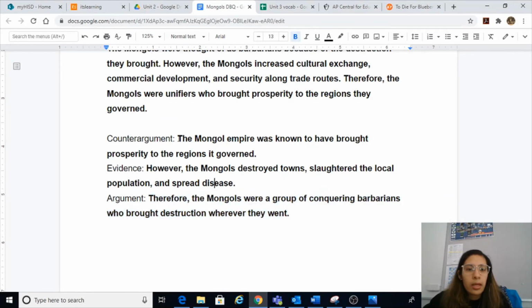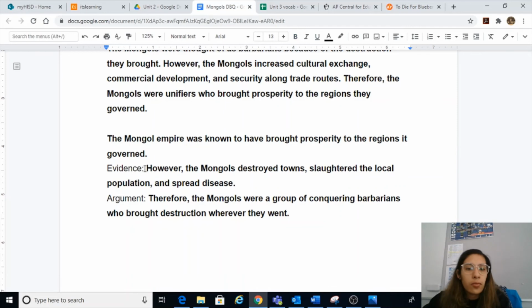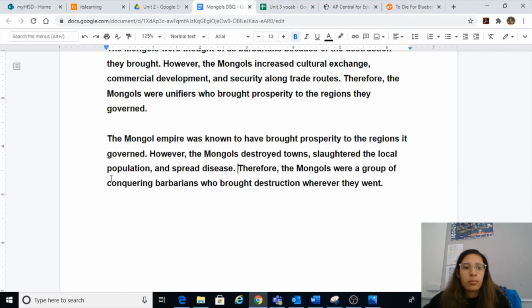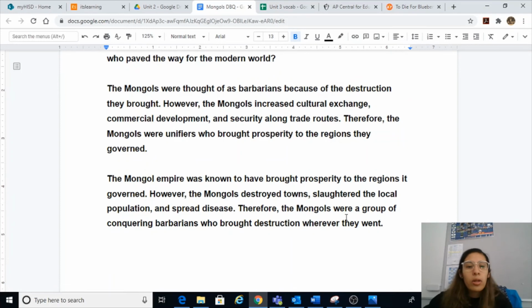Okay, now to put it all together to form one cohesive thesis statement. So this would be the thesis statement. The Mongol Empire was known to have brought prosperity to the regions it governed. However, the Mongols destroyed towns, slaughtered the local population, and spread disease. Therefore, the Mongols were a group of conquering barbarians who brought destruction wherever they went.